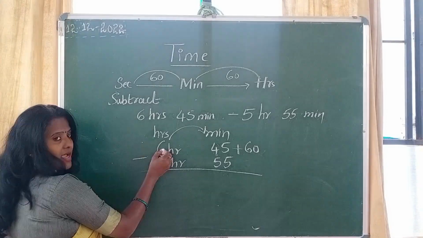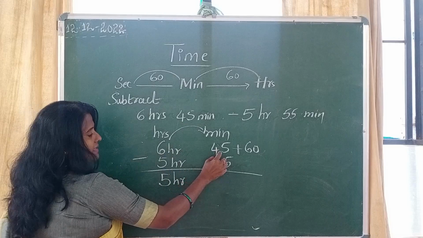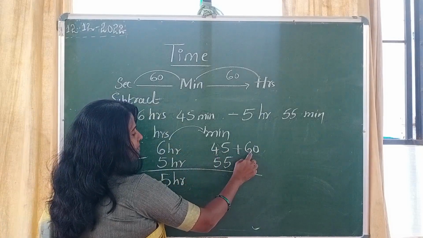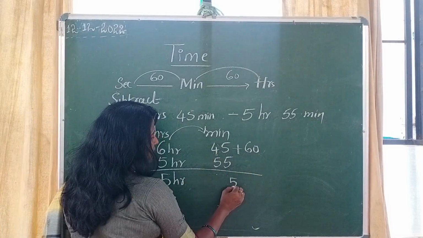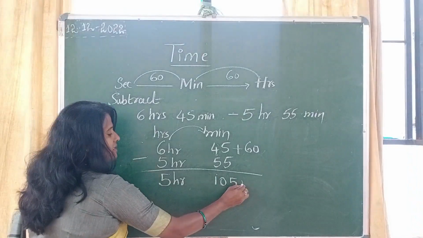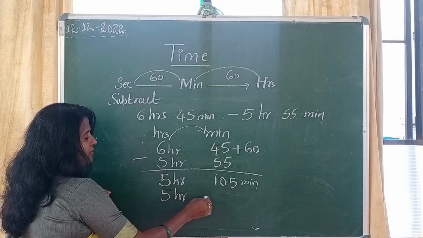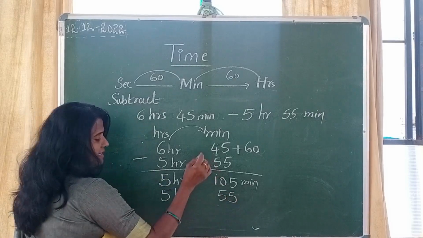So this is 5 hours. So this will become 5 hour and this will become 45 plus 60, 105 minutes. In that you have to subtract 5 hour, 55 minutes.